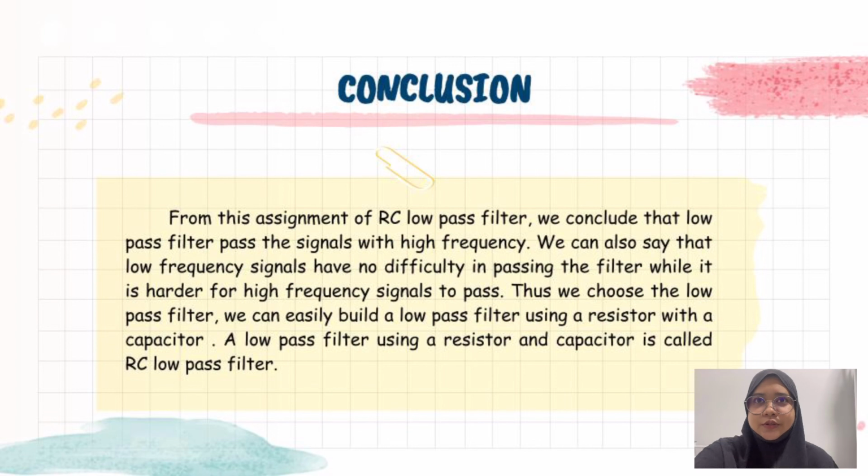We can also say that low frequency signals have no difficulty in passing the filter, while it is harder for high frequency signals to pass. Thus, we choose the low pass filter. We can easily build a low pass filter using a resistor with a capacitor. A low pass filter using a resistor and capacitor is called an RC low pass filter.